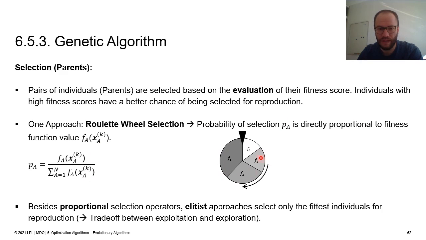So you can think about it as a roulette wheel where you have a higher chance of getting selected if your fitness function is better or your objective function value is smaller. But besides that, there are also some other approaches, so not only proportional to the fitness functions, but also elitist approaches where you only select the best fitness function values. It's always a trade-off between exploitation and exploration.